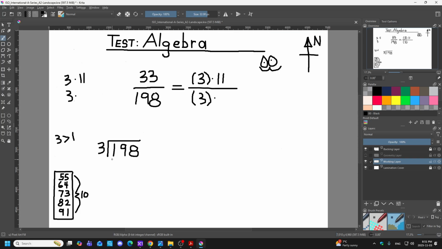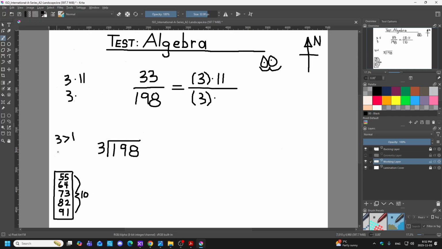So what we do next is we go to the first 2 digits. And yes, 3 can divide into 19. We just need to find that number, what times 3 gets us close to 19, as close as possible without going over.